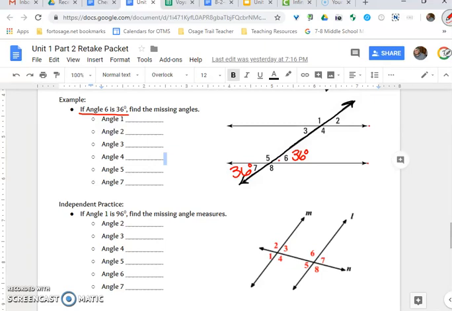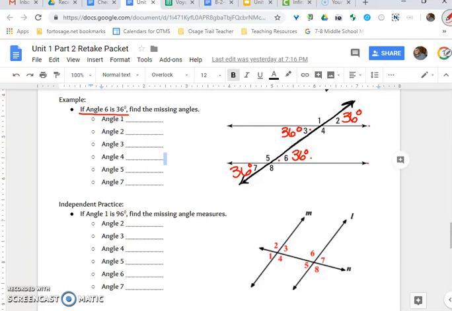Now, from there, well, 6 is inside those parallel lines, so the other side of the transversal and up above, well, that's 3. 3 and 6 are alternate interior, so that one would be 36 degrees. And then 2 is across from 3, so vertical angles come into play, and that one's 36 degrees. So notice that I used the information from angle 6 to find angle 7, 2, and 3.